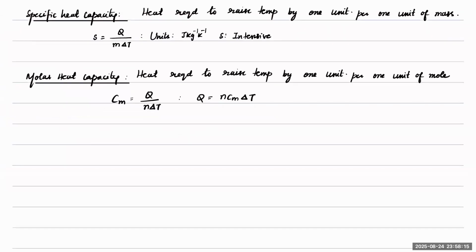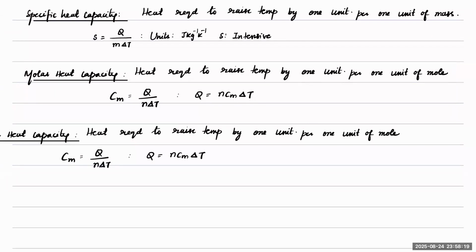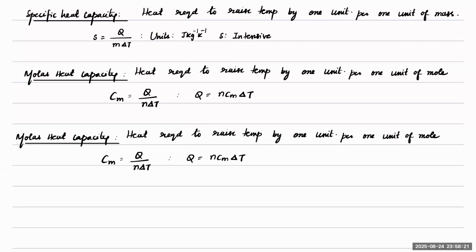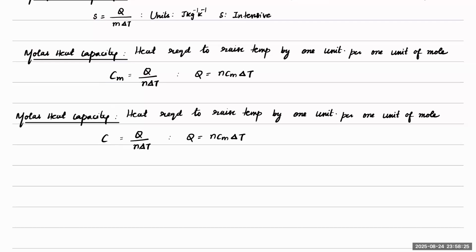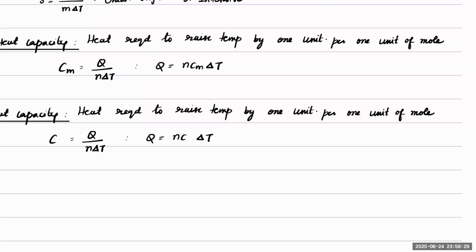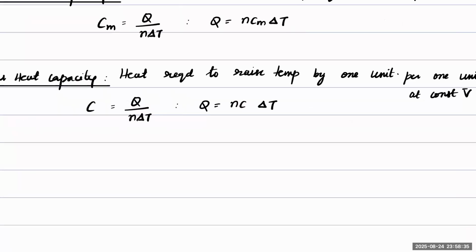Same thing, but this time molar heat capacity at constant volume. Suppose I am doing this at constant volume, everything else is the same. So we write it as CVM, at constant volume.